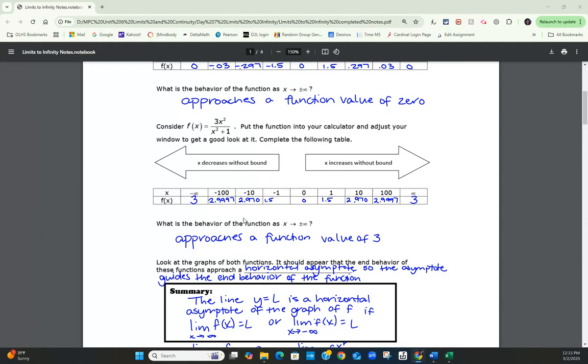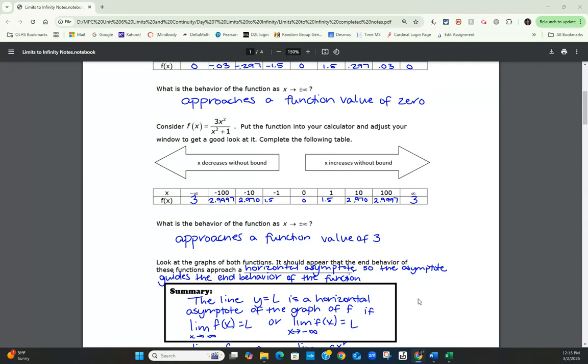But what you want to notice is what's happening as x approaches negative infinity on the left side, and as x approaches infinity on the right side, it seems to be approaching a height of 3. So the limit as x approaches both positive infinity and negative infinity would be 3.